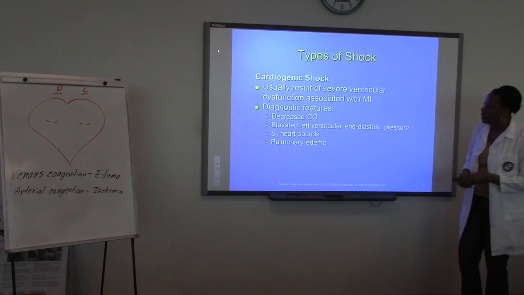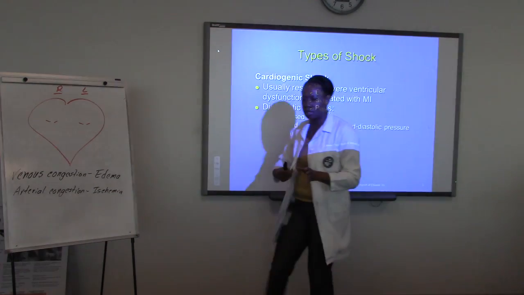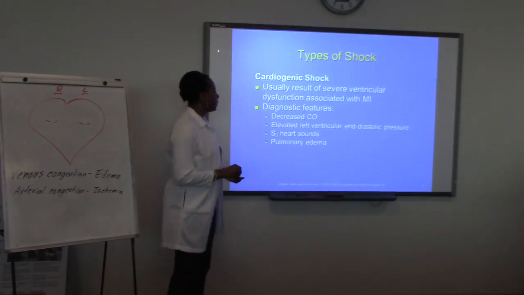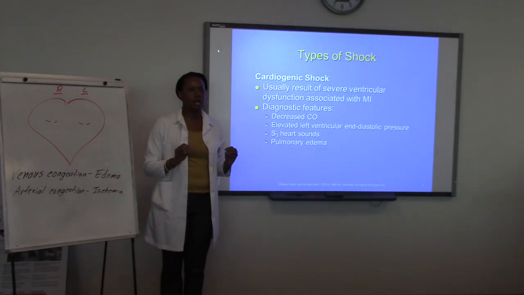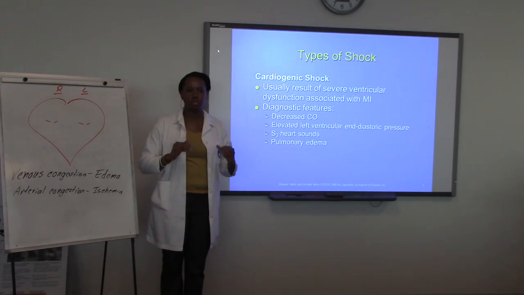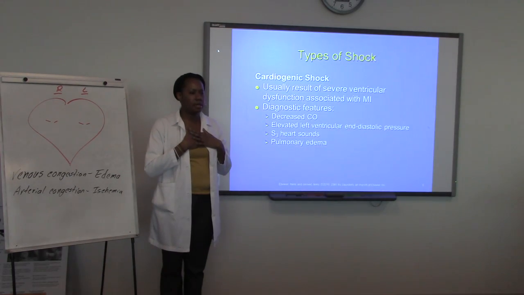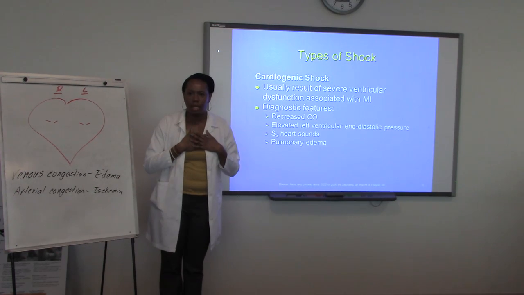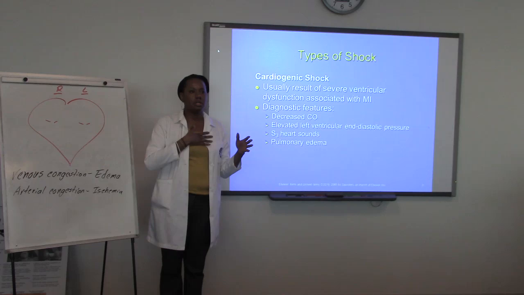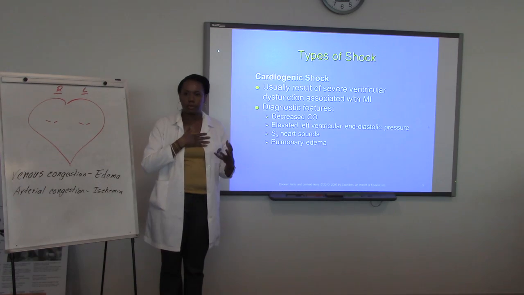So let's get to cardiogenic shock. As I explained, this is a type of shock that has to do with most cardiac disorders. Say a person has a heart attack, a myocardial infarction, and we think the person's going to die just from that.